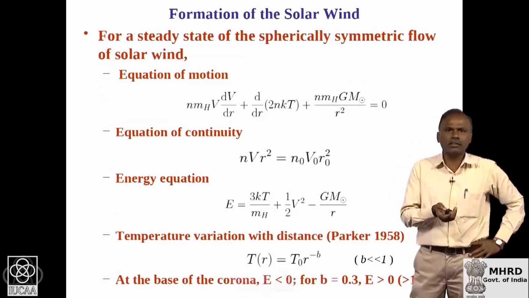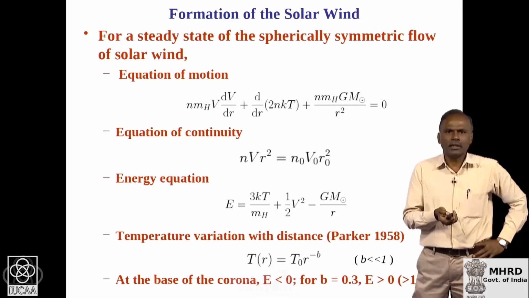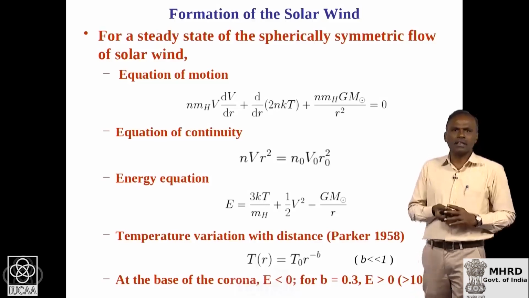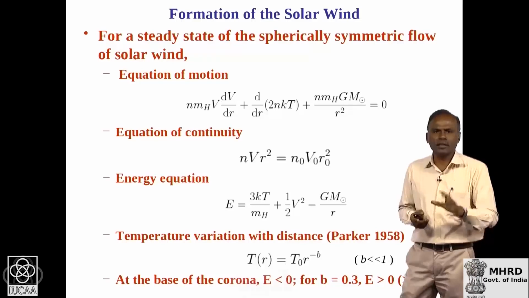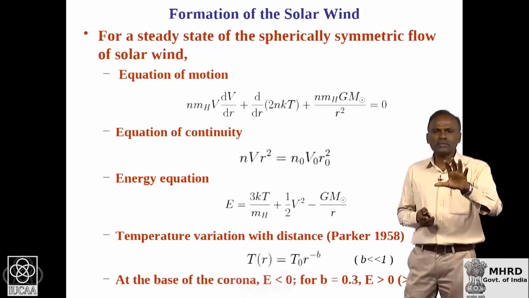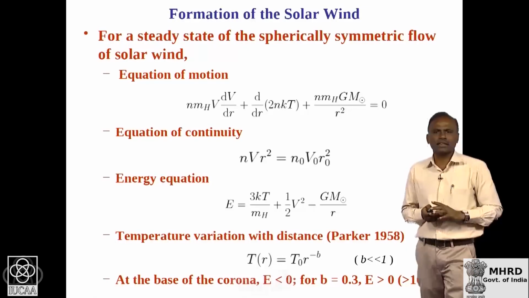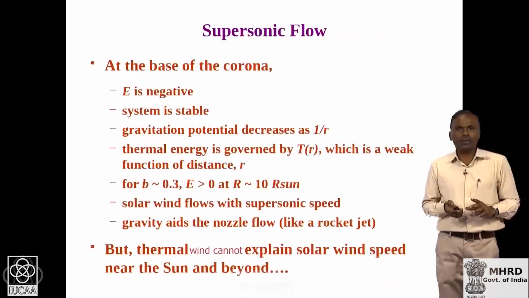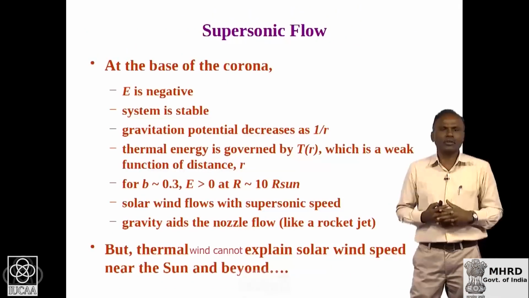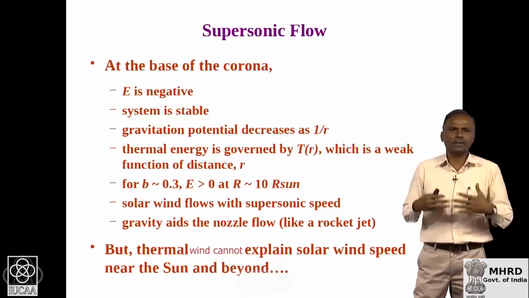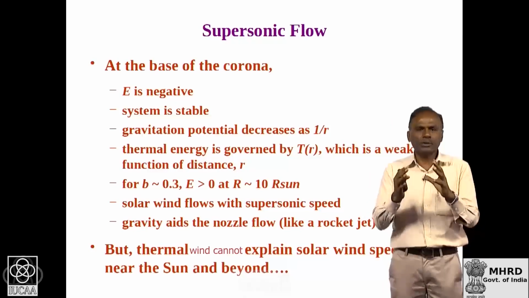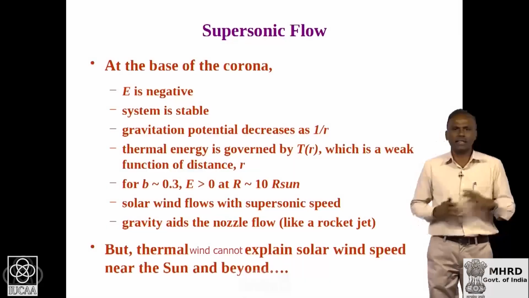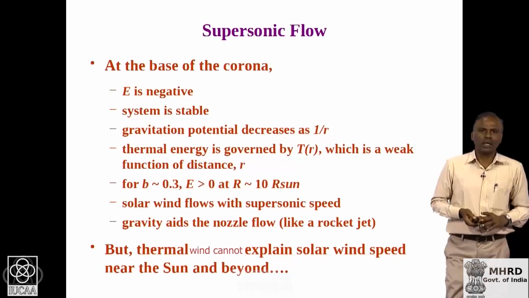For example, in this equation, the energy E equals thermal energy plus kinetic energy plus gravitational energy. This equation gives energy less than 0 for distances less than 10 solar radii, but at about 10 solar radii E becomes positive, then solar wind flows with supersonic speed. And for example, gravity supports as the nozzle flow, like a rocket jet, the solar wind flows.